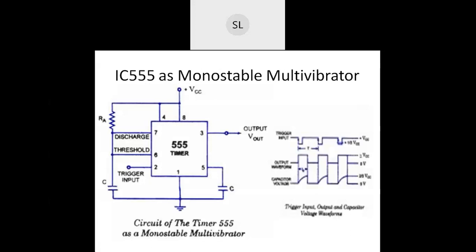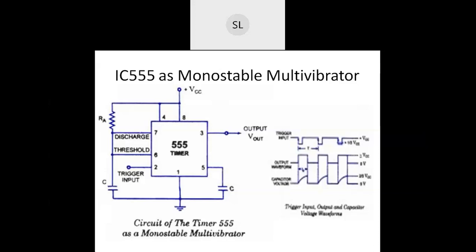That is, it will have one stable state, and here we need to give a triggering signal to this pin number 2. In an astable multivibrator, it does not require any triggering pulse in order to start the operation. That is why it is also called a free running multivibrator. But in the case of a monostable multivibrator, we need to apply a triggering signal to this pin number 2 in order to change the state of the output of the multivibrator.